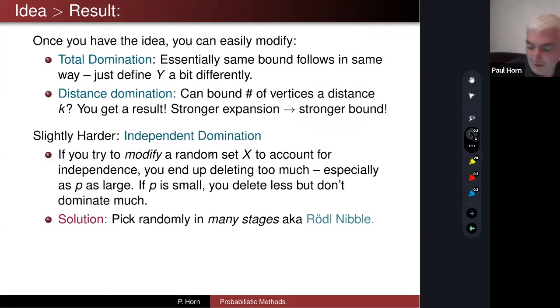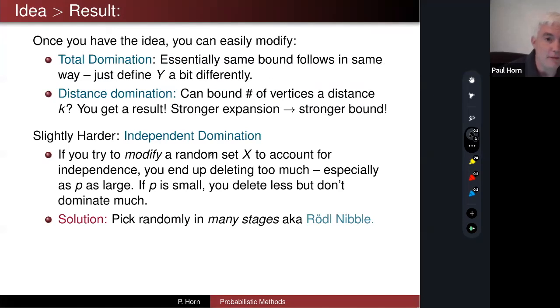Another thing that Professor Henning alluded to yesterday that I will mention is independent domination. So what if you want an independent set that also dominates all vertices? That is, in some sense, a maximal independent set.